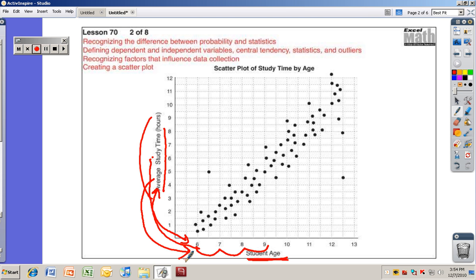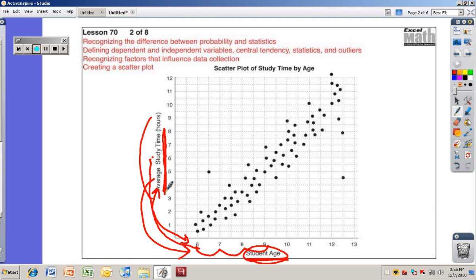In other words, hey, I don't like being 8 years old. I want to be 10 years old, so I'm going to study a longer amount of time and then I'll be 10 years old. No, that's not how it works. So you can see that the student age is independent. It doesn't need the study time to change the age.